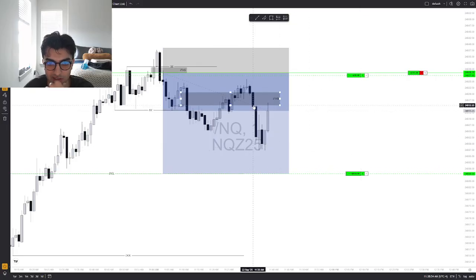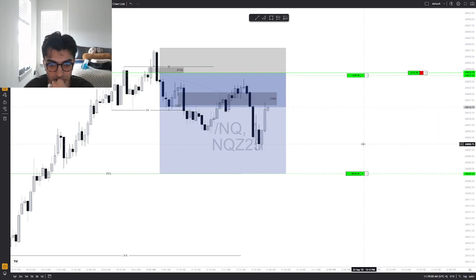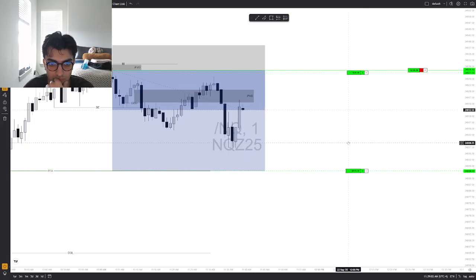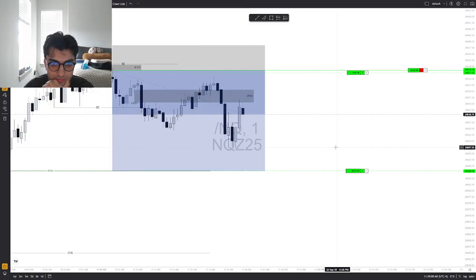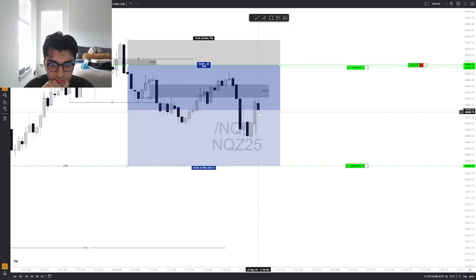That is as disgusting as this candle. So I want to see a red candle take all of this out, like all of this, and close below this.